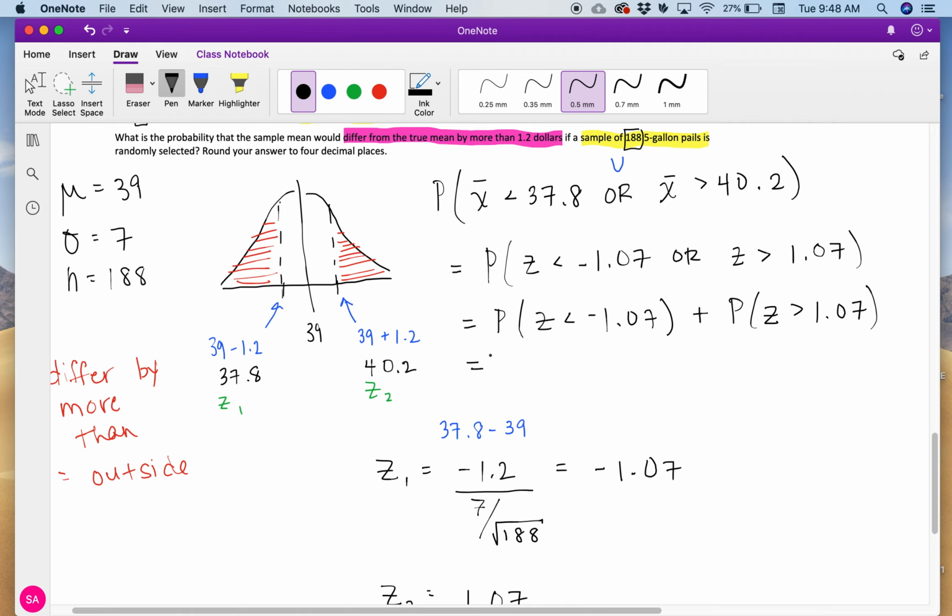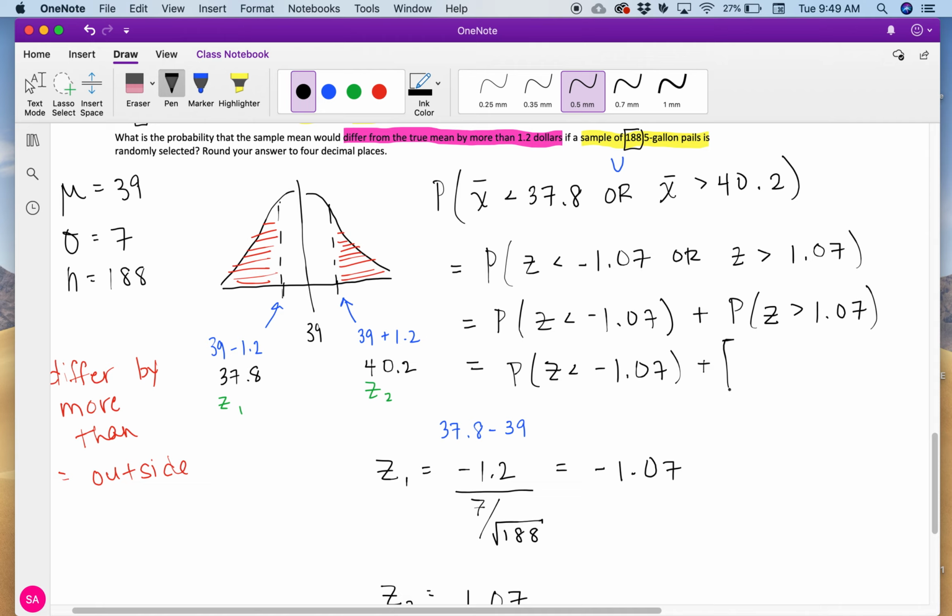Okay, so I'm going to go ahead and do a little bit more simplification of this before we go to the Z table. So this first part, Z is less than, that's area to the left. And that's what a Z table gives us. So I'm just going to leave this as is. But this second part is not to the left, right? This is to the right. And what's to the right? We have to do 1 minus the area to the left.